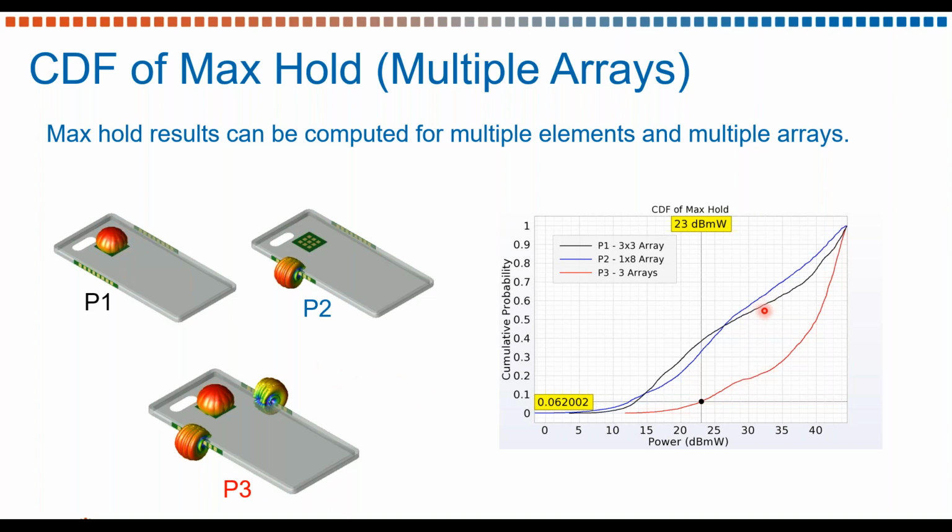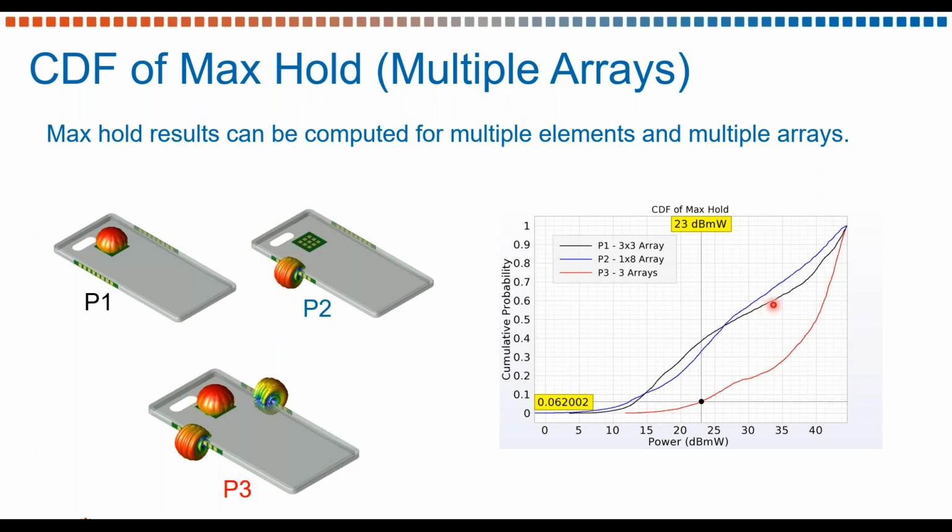As you can see, the black curve is for the MaxHold results plotted for the 3x3 array, and the blue one is the CDF of MaxHold plotted for the 1x8 array.